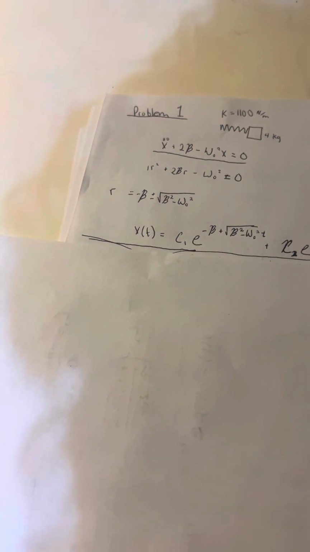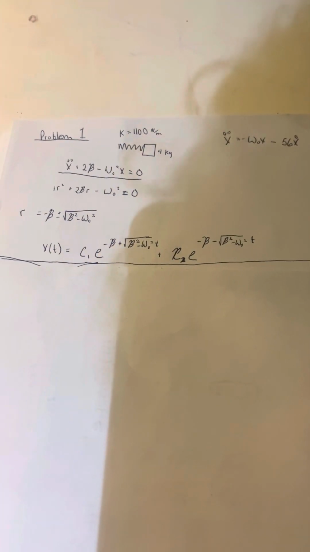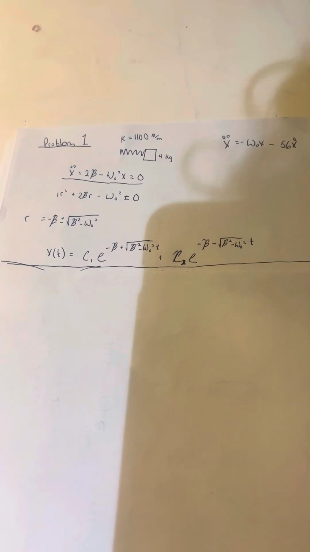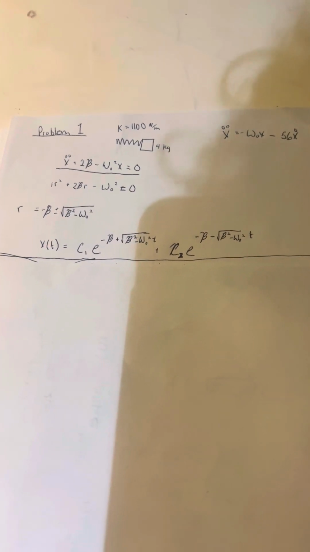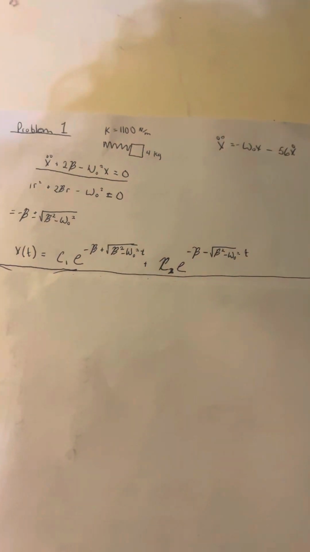I solved for the roots, and it came to negative beta plus or minus the square root of beta squared minus omega squared. I plugged that into the exponential solution for oscillators, and then I took the derivative of that and found the velocity solution.